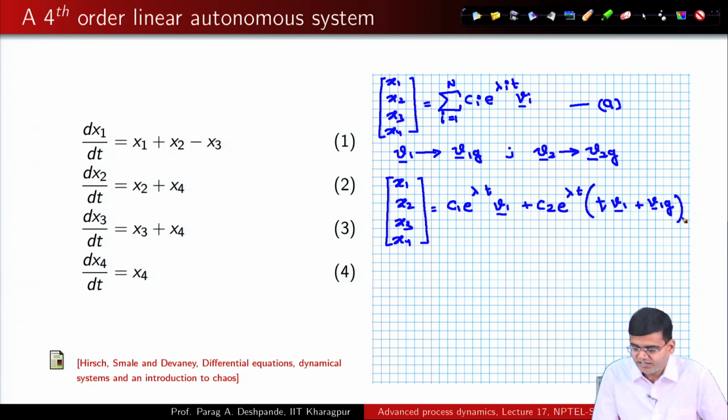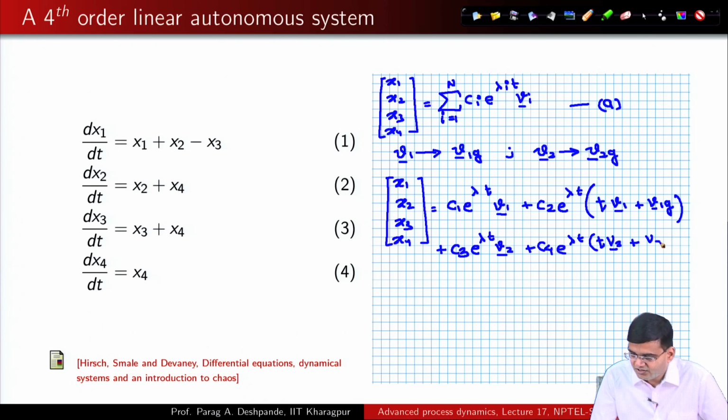Okay. Then going for the effect of the second eigenvector and second generalized eigenvector, I can write C3 e to the power lambda t v2, simply the effect of the independent eigenvector which you originally had, plus C4 e to the power lambda t times the original linearly independent eigenvector v2 plus v2g.